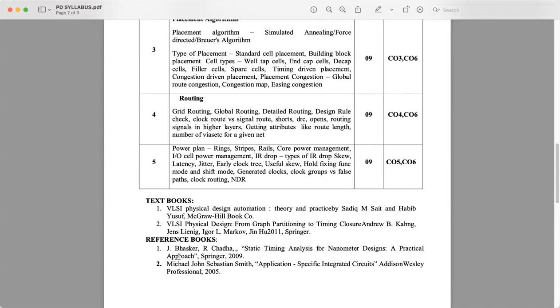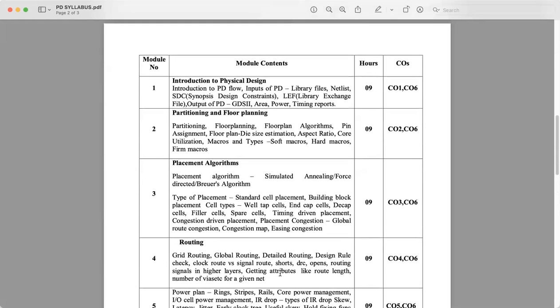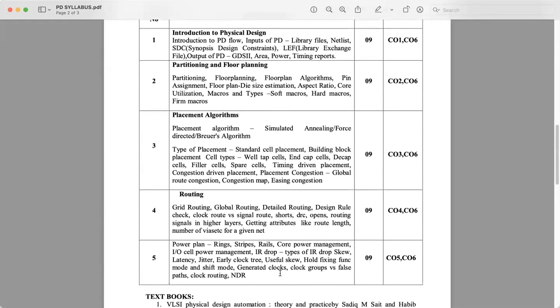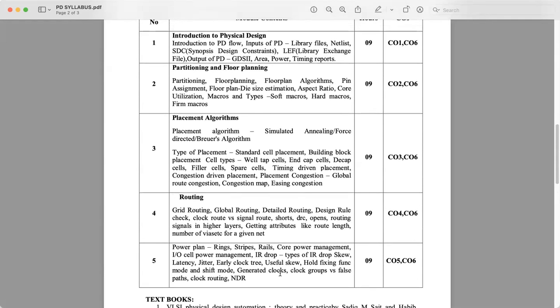Also you can have J. Bhaskar, one of the best for STA, static timing analysis. Then you can also refer to Michael J. Smith, used for ASIC, application specific integrated circuits, where a lot of algorithms are discussed. I was telling you about these algorithms, and many such algorithms will be discussed in that textbook.